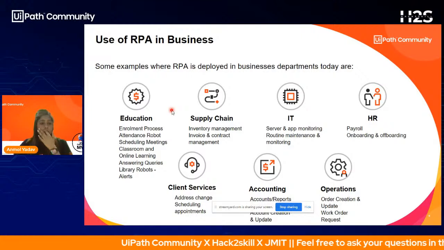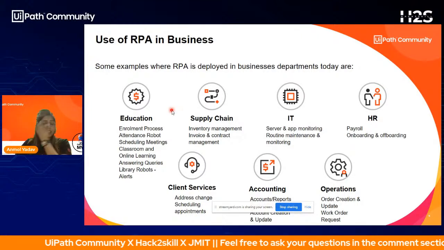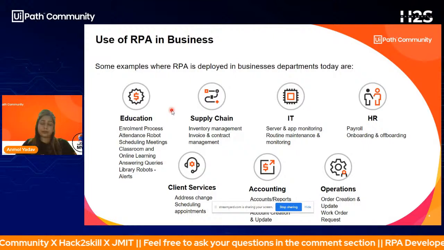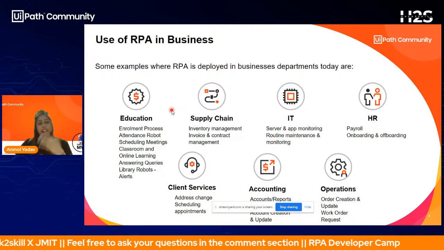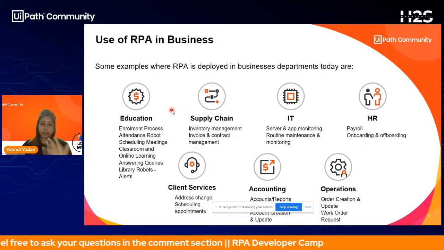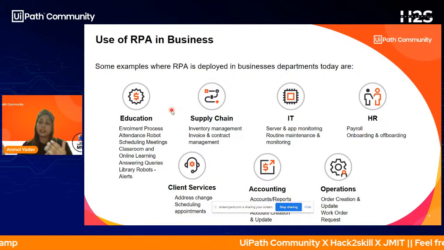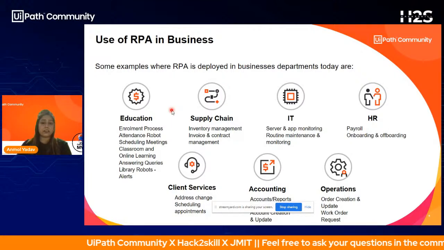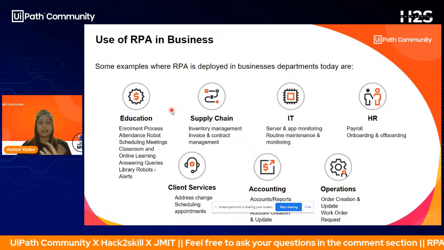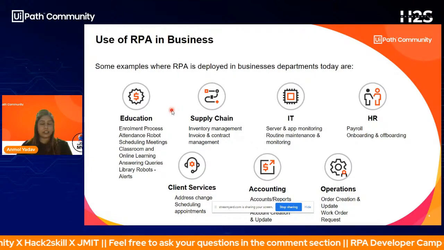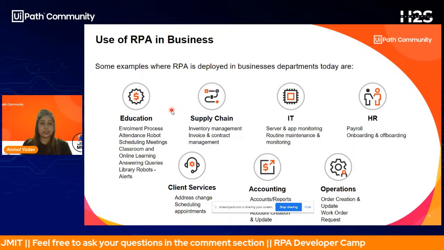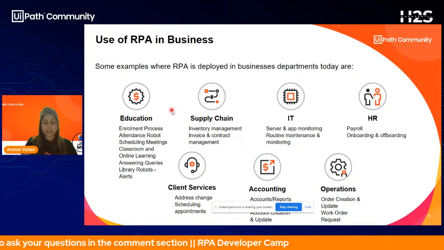So the education sector, of course, you guys can relate to. When you get yourself admitted in your college, there's an enrollment process. Then you go to attend your classes, and attendance is taken care of. And that's why when you do not satisfy 70% or 75% of attendance, you are given a notice that you will not be permitted to sit in the exams. So all these things are being recorded somewhere.